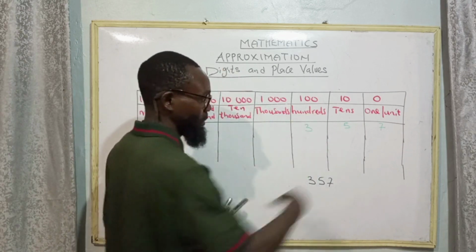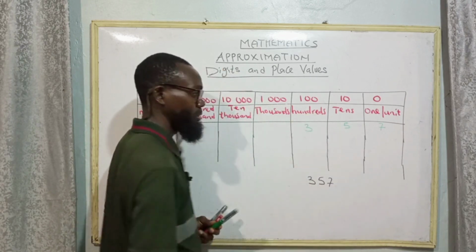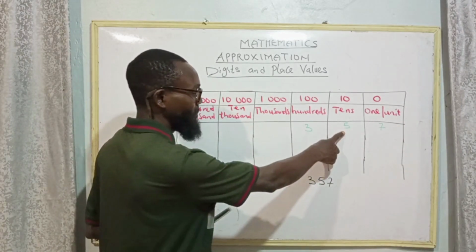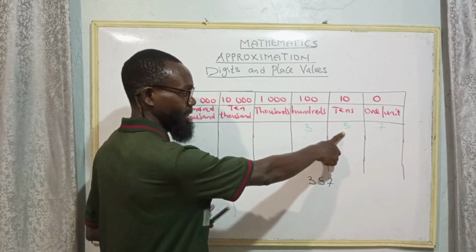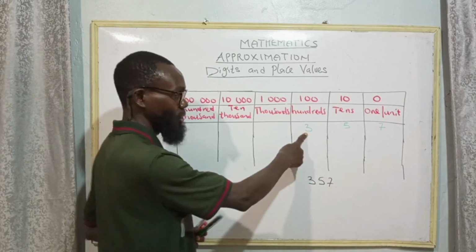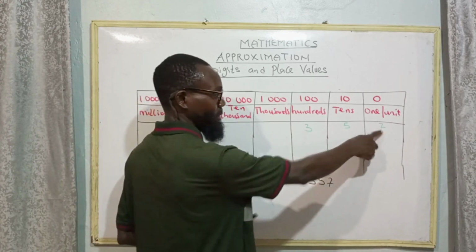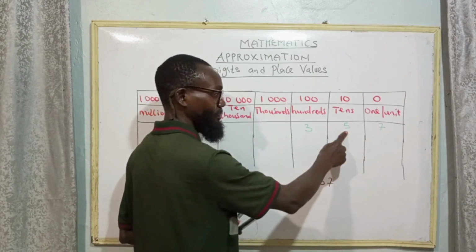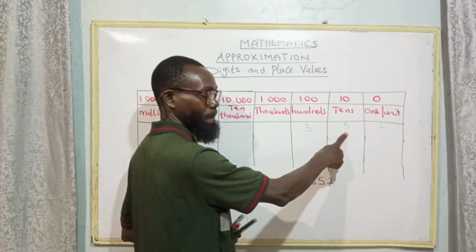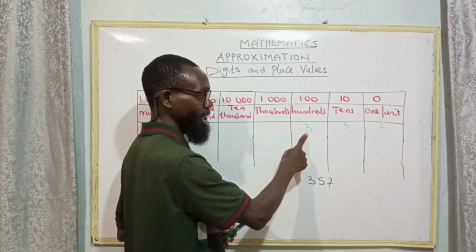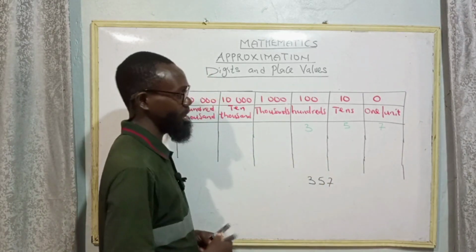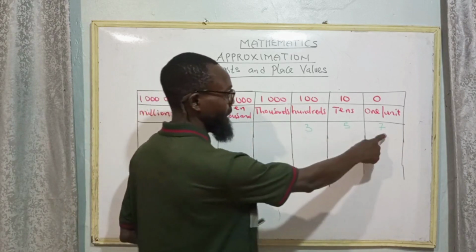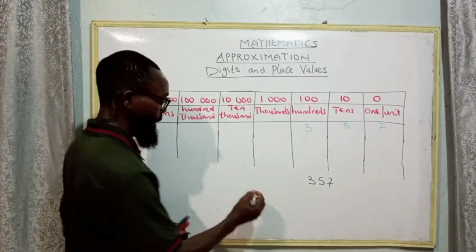So 7 is 1, or we call it units, while 5 is tens, while 3 is 100. So this is 57. That is 5 is tens, while this 3 is 100. So if you want to pronounce it, we call it 357.